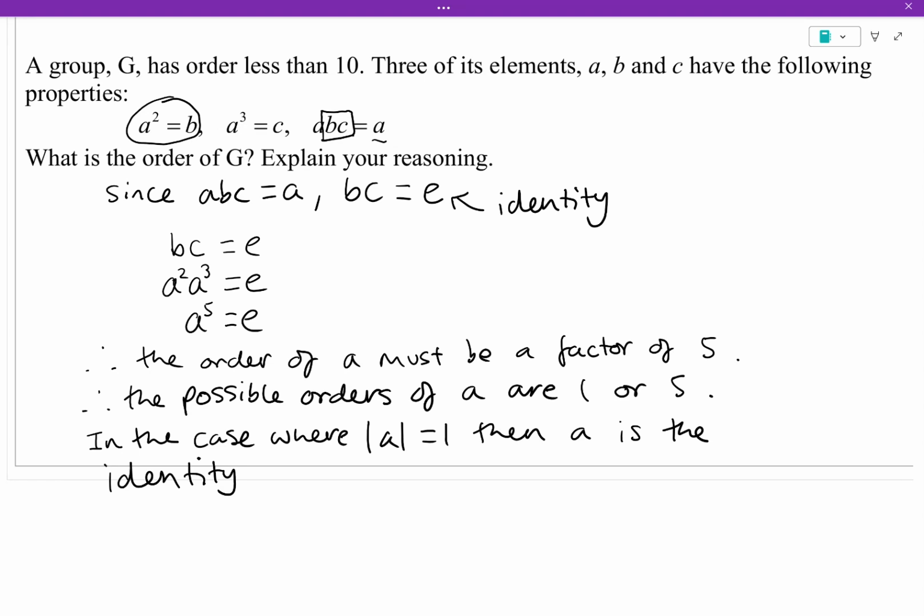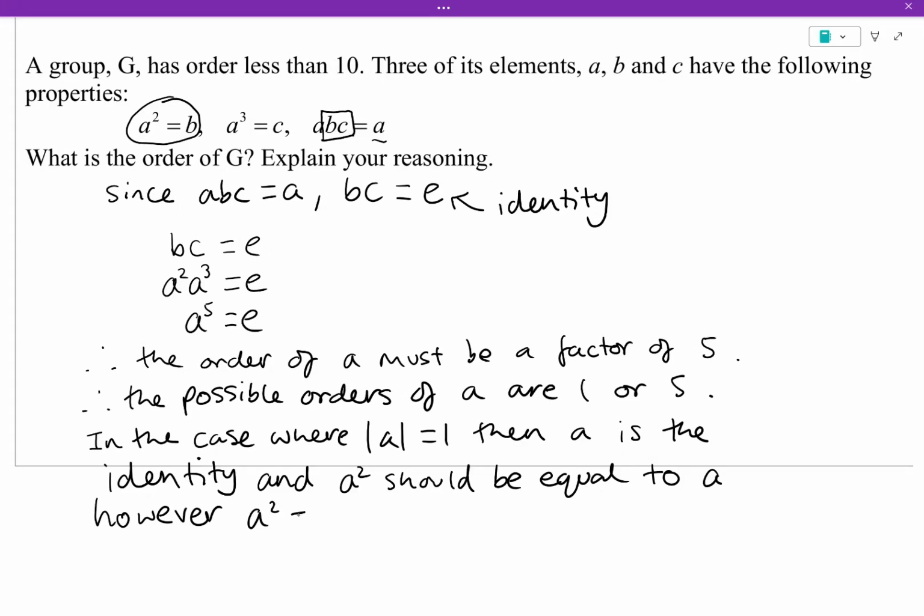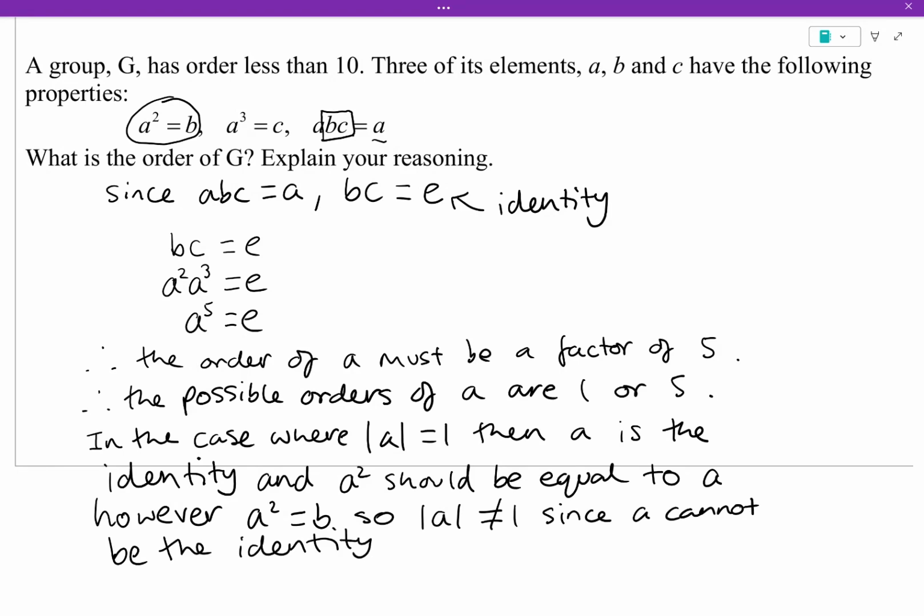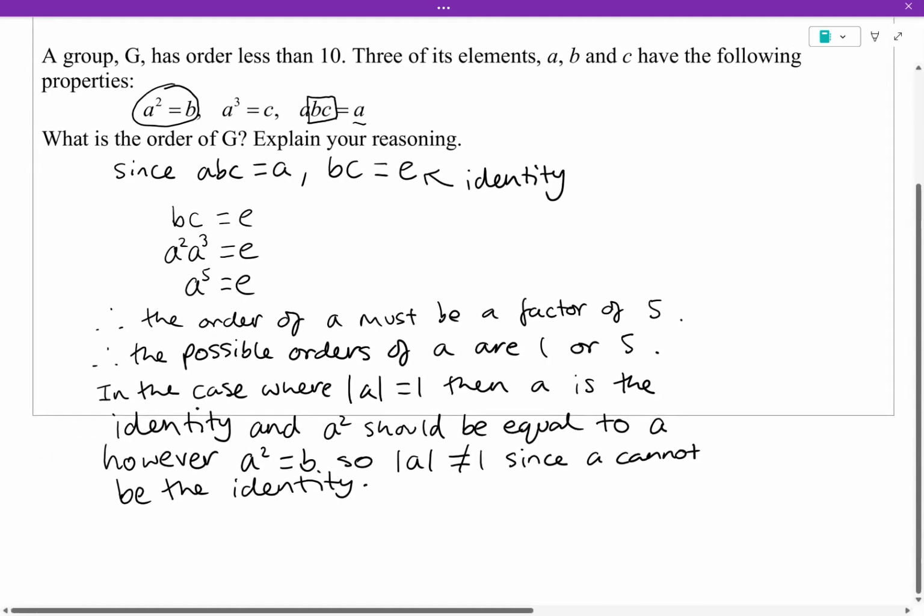So in the case where the order of A is 1, then A is the identity and A squared should be equal to A. However, A squared is equal to B. So the order of A cannot be equal to 1 since A cannot be the identity. So what we can establish from that is therefore the order of A must be equal to 5.